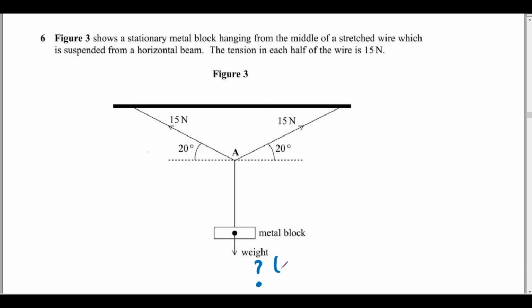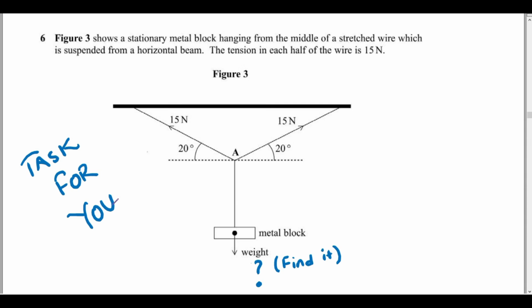There are two tensions acting, which are shown in the diagram in the figure, and what angle they make with the horizontal is also stated. You have to find the weight of this metal block. You have to resolve the vectors into their components, and then figure out how much the weight of the metal block should be so that it is stationary, in equilibrium. Alright, do solve it, let me know what answer you got, share it with us.